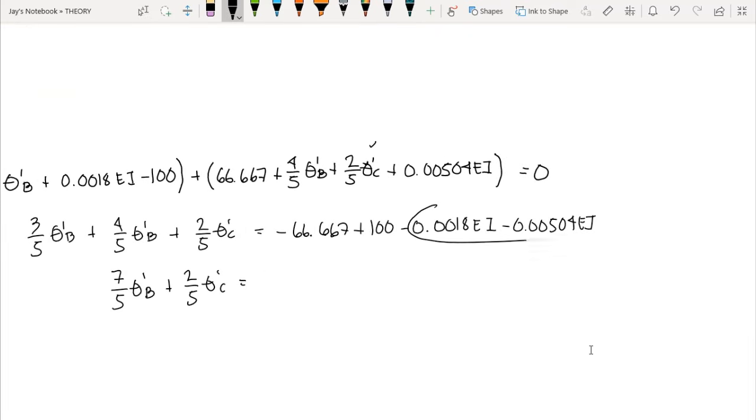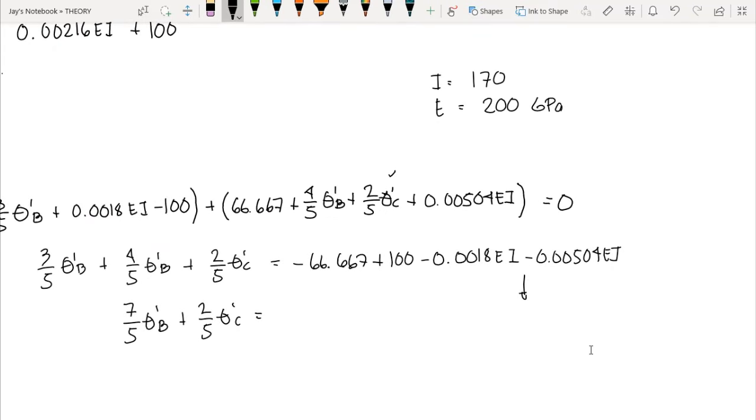These two terms can be made simpler by substituting the value of EI. E is 200 gigapascal and I is 1705 times 10 raised to the 6 millimeter to the fourth.